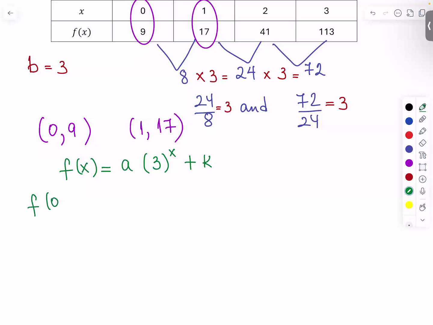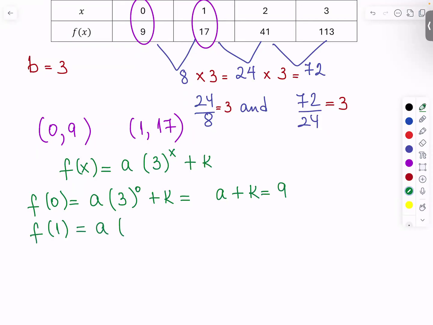F of 0 will be a times 3 to the power of 0 plus k. Again, any number to the 0 power is 1. So a plus k equals 9. F of 1 will be a times 3 to the power of 1 plus k, equals 3a plus k equals 17.